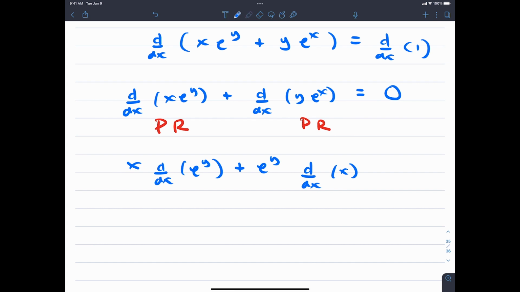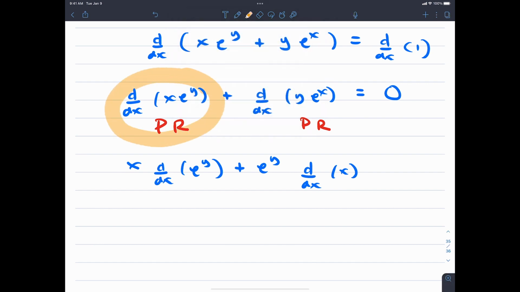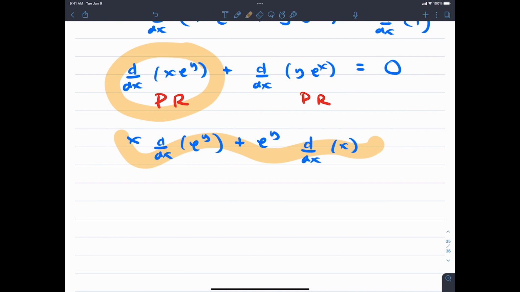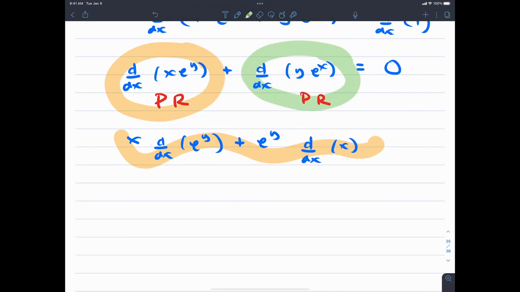Now I'm going to color this. This is going to be my first product rule. So all of this is that first product rule. But you have another product rule.